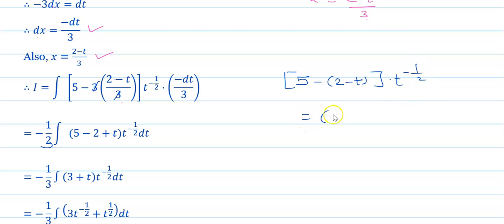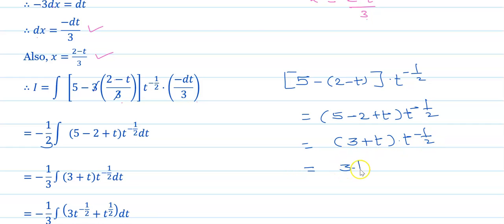Here 5 minus 2 minus t, that will become plus. 5 minus 2 will become 3 plus t into t raised to minus 1 upon 2. The next simplification: 3 into t raised to minus 1 upon 2, and t raised to 1 into t raised to minus 1 upon 2 will become t raised to 1 upon 2.